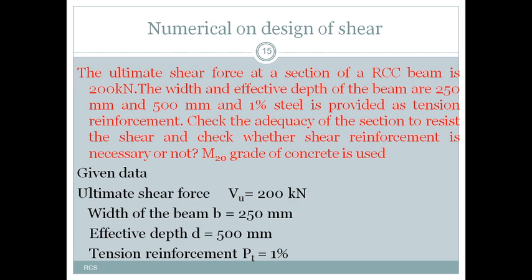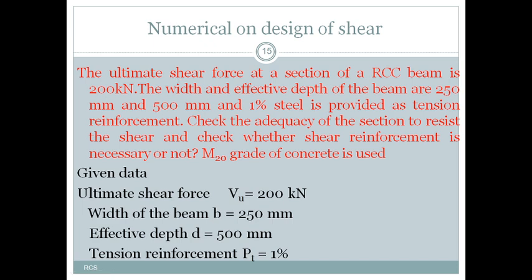Say the first problem in this design of shear reinforcement: the ultimate shear force at a section of an RCC beam is 200 kilonewtons. See, it is clearly given as the ultimate shear force, that means it has given VU directly. But sometimes the problem will give a type of beam and condition of loading over the beam, say a simply supported beam subjected to UDL.